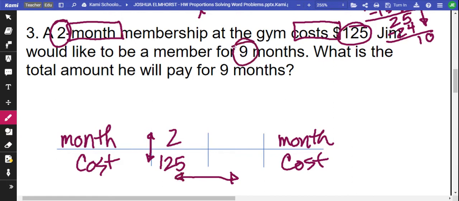And it says 9 months. So we go down over here, look for 9 months. It's not an exact amount. So we probably could do 4.5 times 2. But 125 times 9 and then divide by 2 would give us our answer.